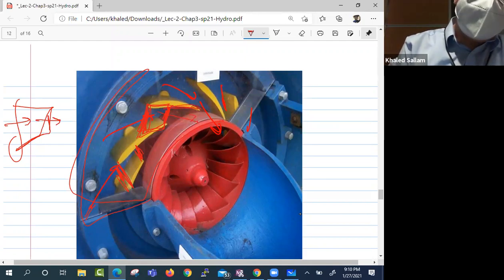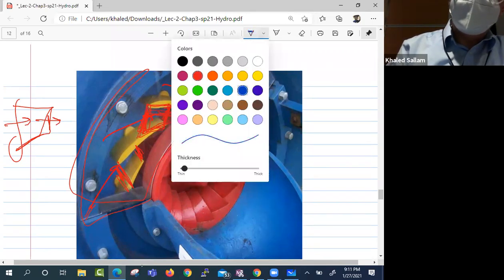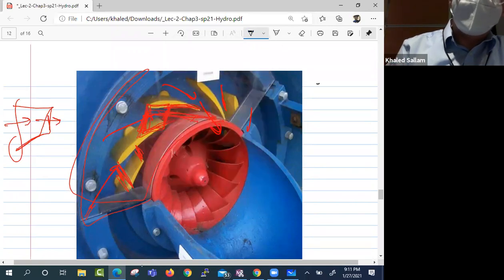And also this and this, that is the direction of V1, right? This is the direction of V1. V1 will come like this, and you can divide V1 into V1 radial component and V1 tangential component.